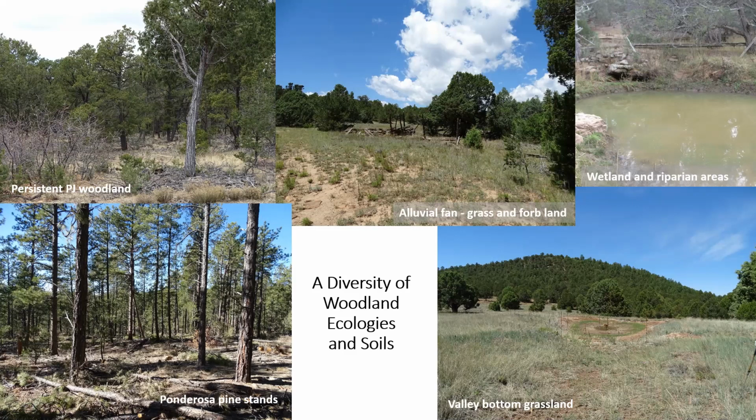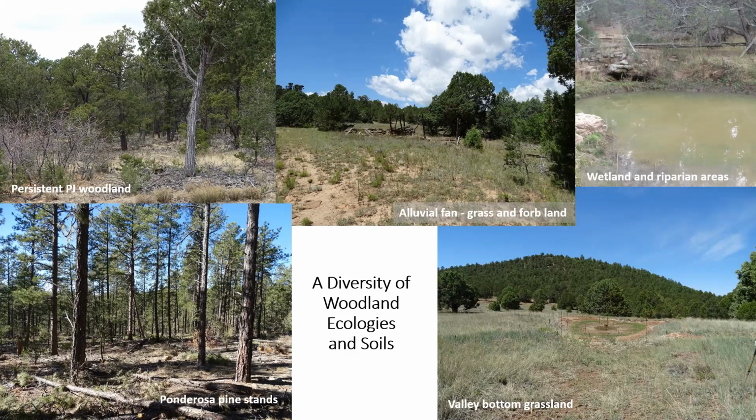So pinyon juniper woodlands come in many different types of ecological communities, and these ecological differences are strongly related to the soil types, different water regimes, underlying geology, and climate. And climate, again, expresses itself in elevation and solar aspect. For instance, on the Glorieta Freedom Ranch, we find persistent pinyon juniper woodlands, and I will explain later what that means, persistent woodlands.